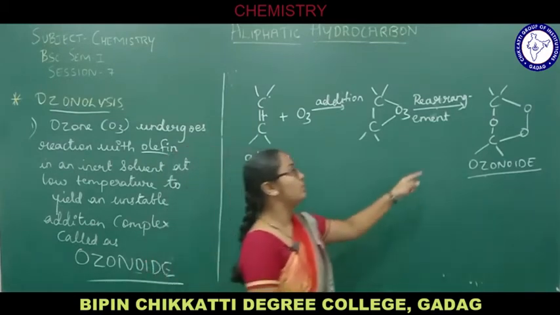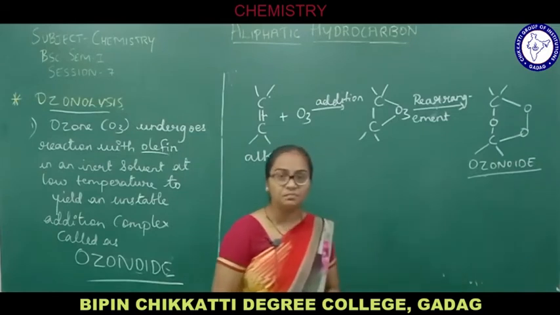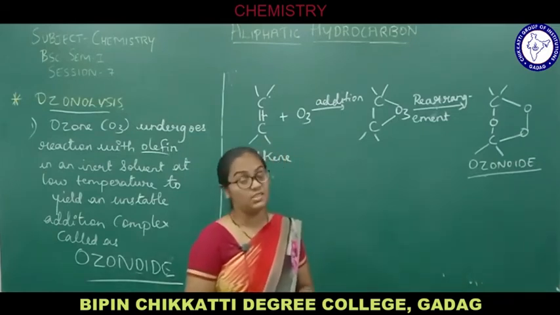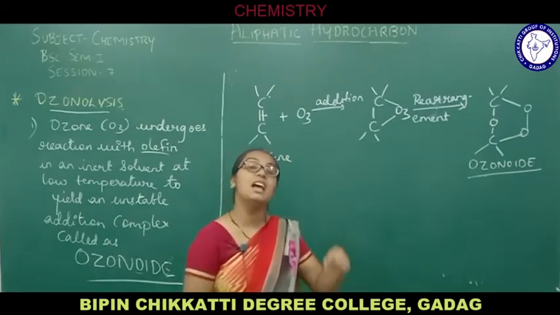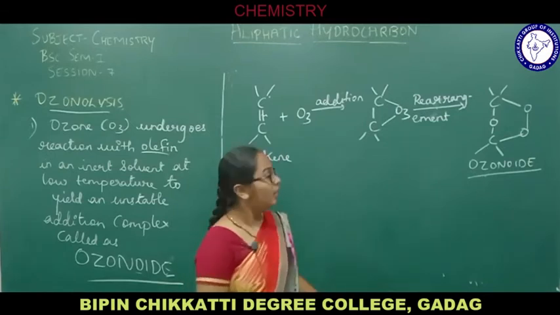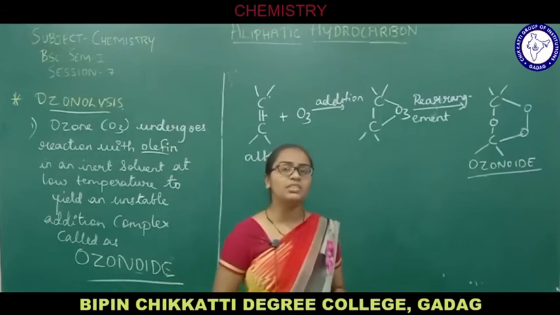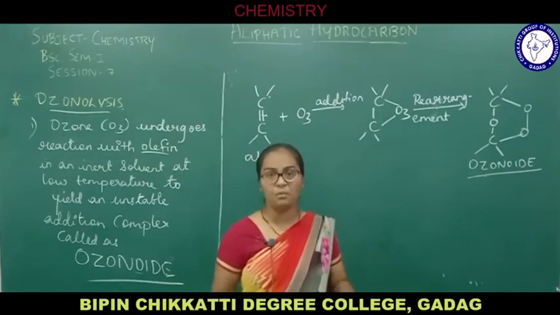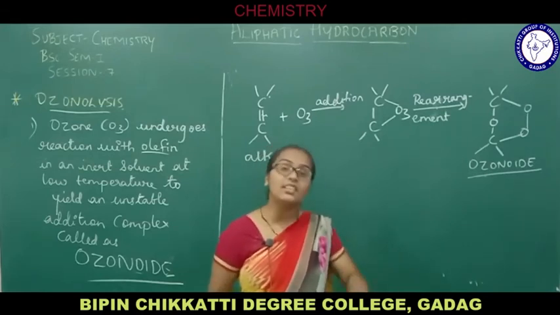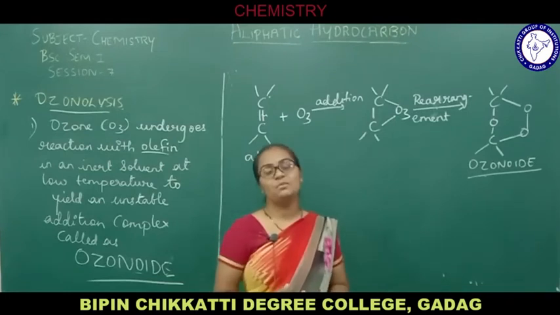But the intermediate formed is quite unstable, highly unstable I can say. And this ozonoid will not stay in isolated form. It will further undergo reaction.